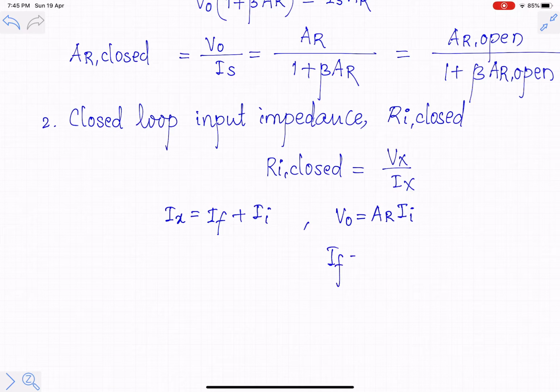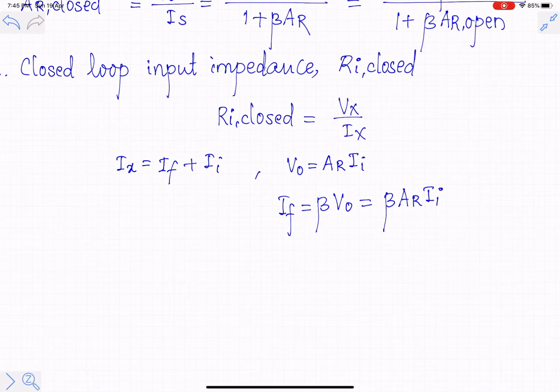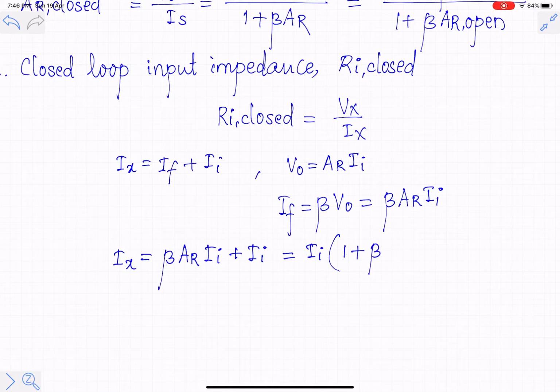If is equal to beta into V0, which is equal to beta into AR into Ii. So if we put this value of If here, we get Ix is equal to beta AR into Ii plus Ii. So if I take Ii common, we get 1 plus beta into AR.